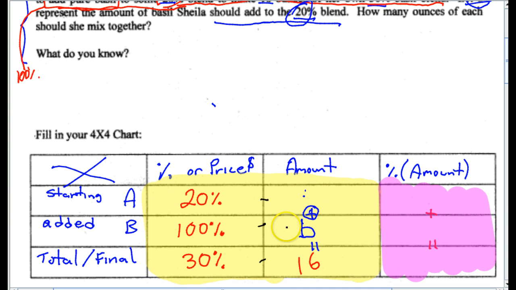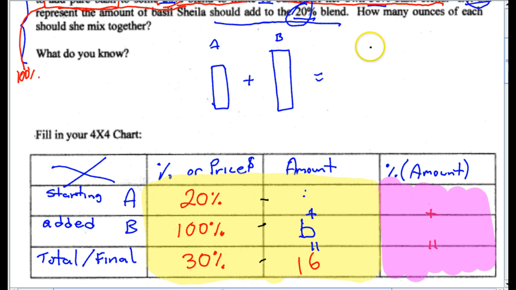All right, so last thing we need to consider is, what is this last amount? Here's what we know. We have A, we have B, and these add up to equal 16, right?